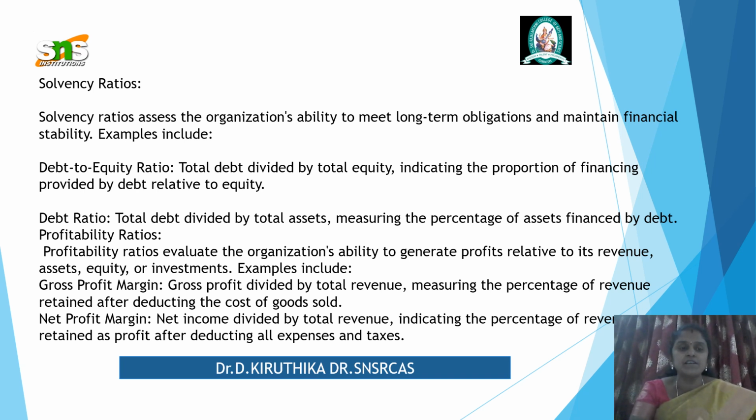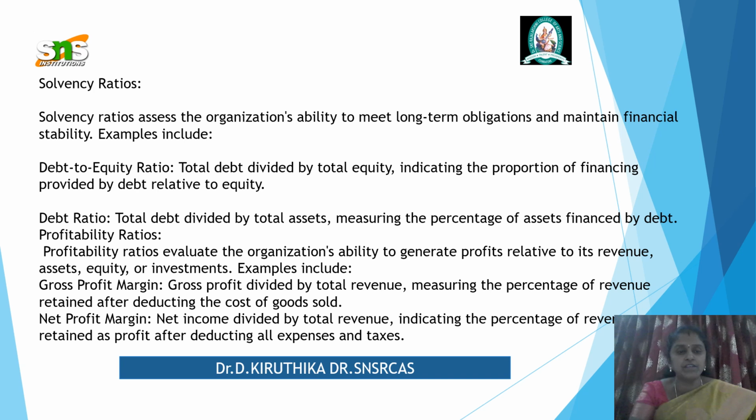The examples: debt to equity ratio. The debt and the equity, as you all know, show your capital structure. So total debt divided by total equity, indicating the proportion of financing provided by debt relative to equity. Then debt ratio, that is total debt divided by total assets. The base is your assets, measuring the percentage of assets financed by the debt.